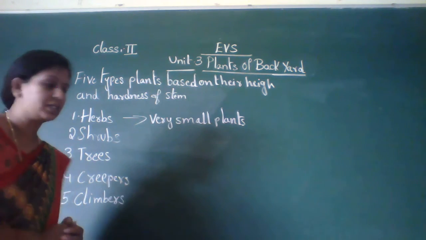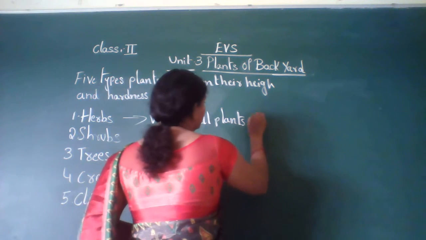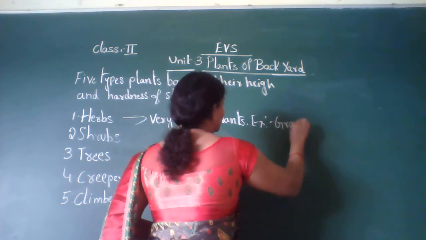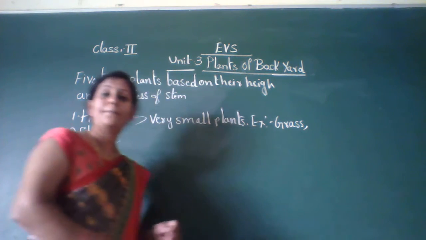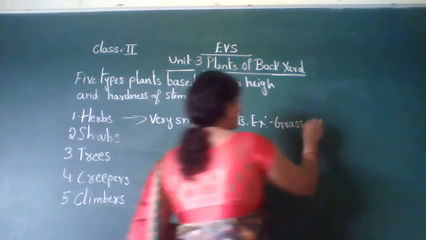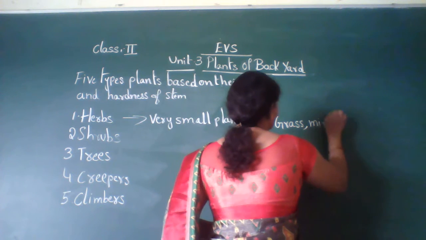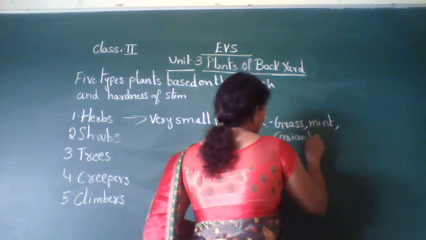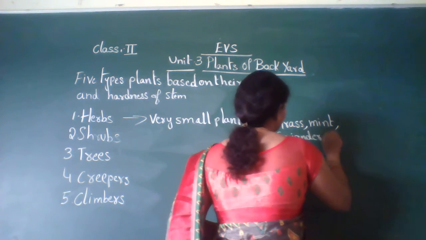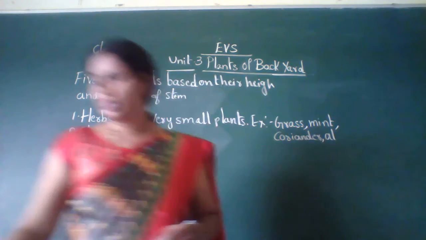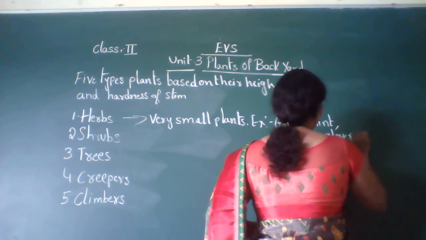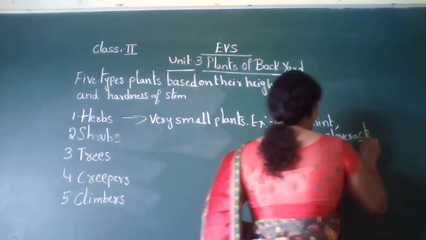Examples for herbs: grass. Okay, grass. Then mint, coriander, aloe vera, etc. So these plants are called herbs.